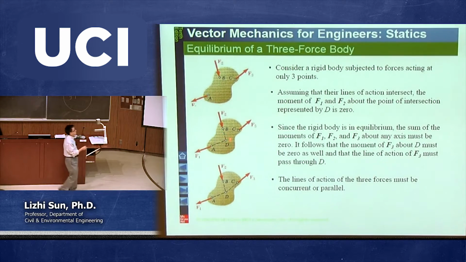F2 is also passing through this point, then there's no moment contribution. So you only have F3 times d, and that equals 0. But F3 itself is never equal to 0. Then the only thing you can make F3 times d equal 0 is to have d equal to 0. If d equals 0, that means the force line must go through this point D as well, so that the shorter distance equals 0. Okay? So that's the conclusion.